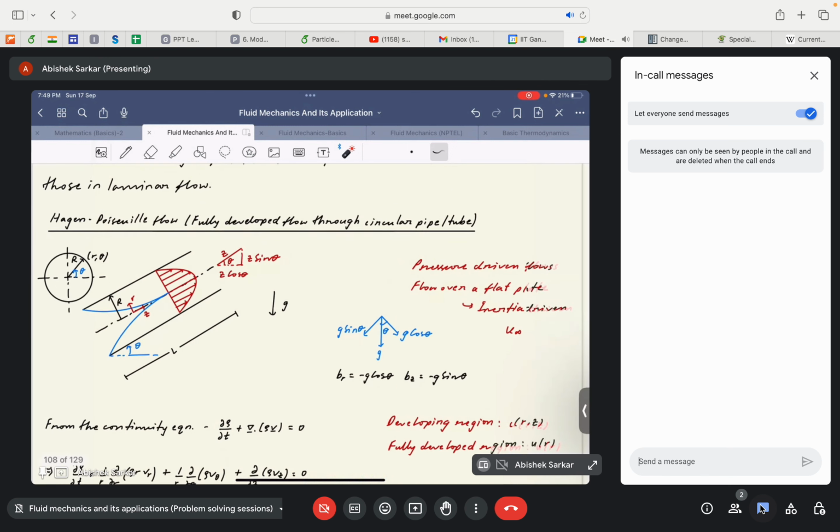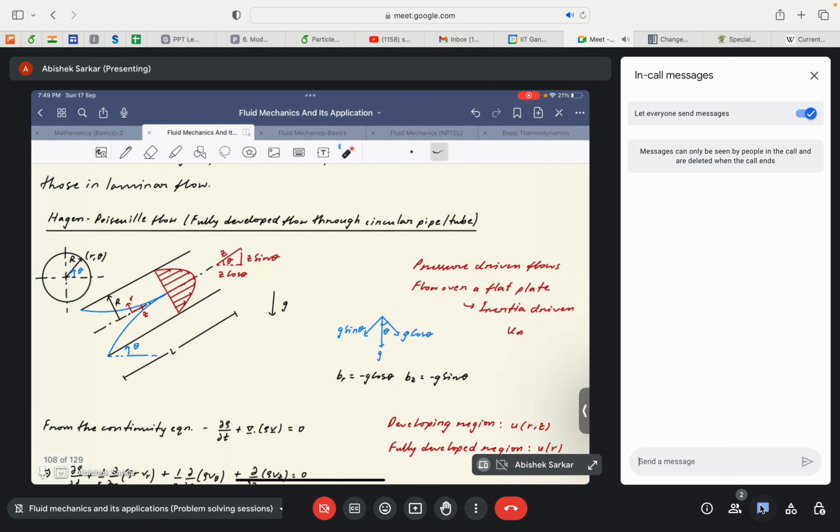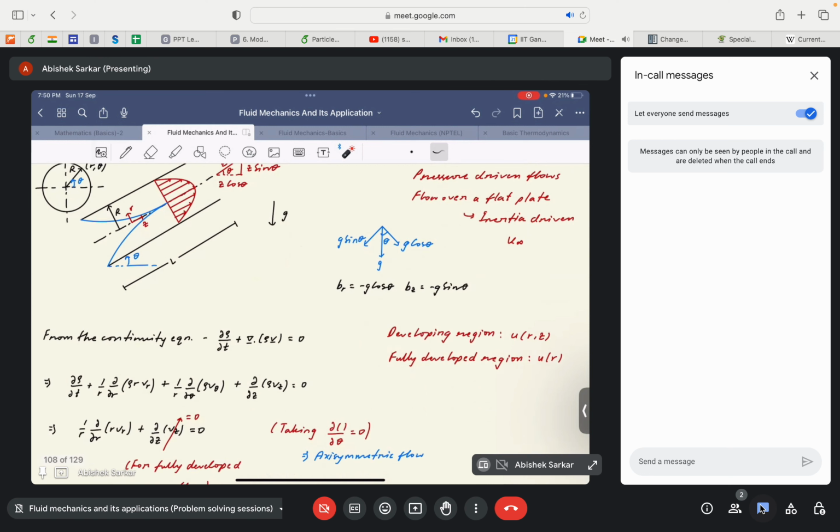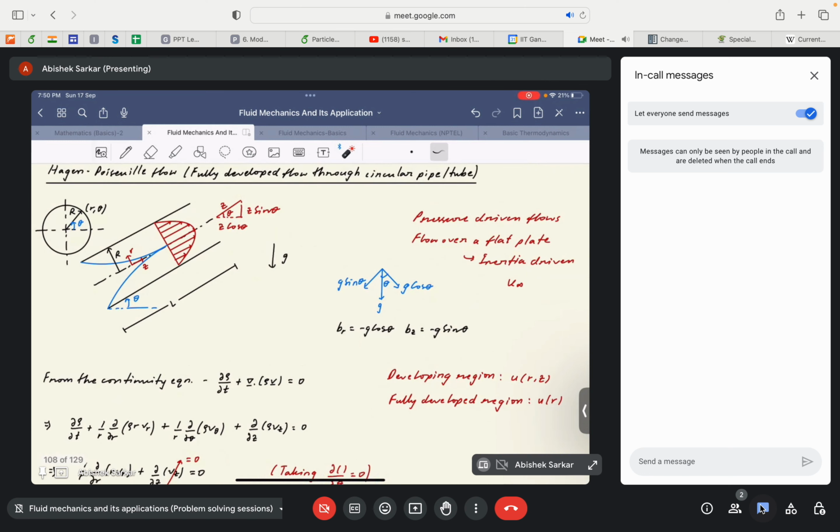So we'll see the derivation for a fully developed flow through a circular pipe or tube, which is also popularly known as the Hagen-Poiseuille flow. We discussed it in the case of the exact solution of the Navier-Stokes equation, but still I will revise it a bit quickly. This is the geometry, which we would solve using the cylindrical coordinate system r, theta, and z.